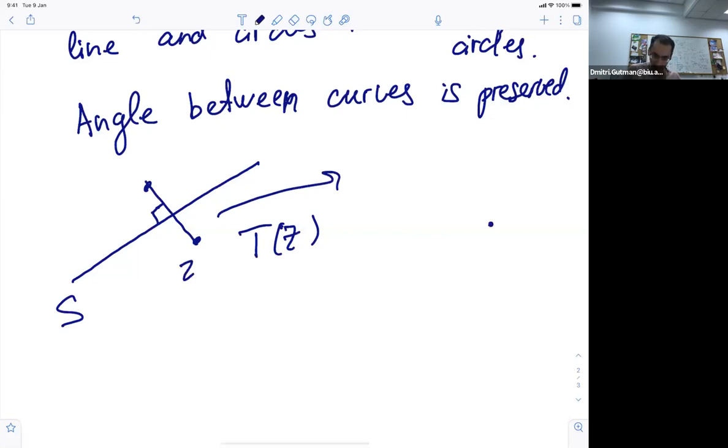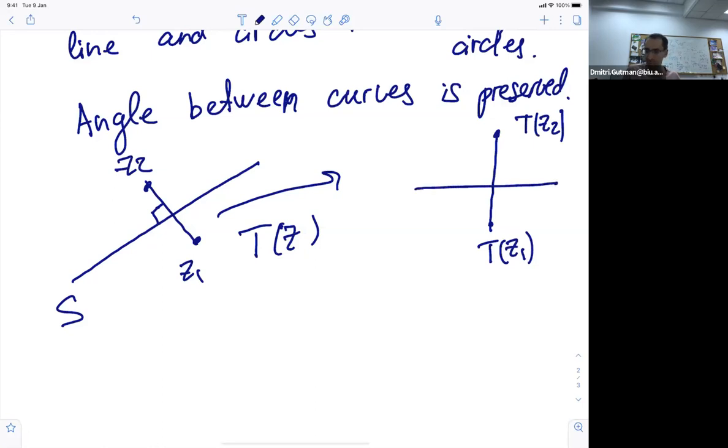So this is the point Z1 and this is the point Z2. This point will be mapped into TZ1 and the other point will be mapped to TZ2. But what we know is that the angle between these 2 lines will be preserved. So it was 90 degrees, it will remain 90 degrees.